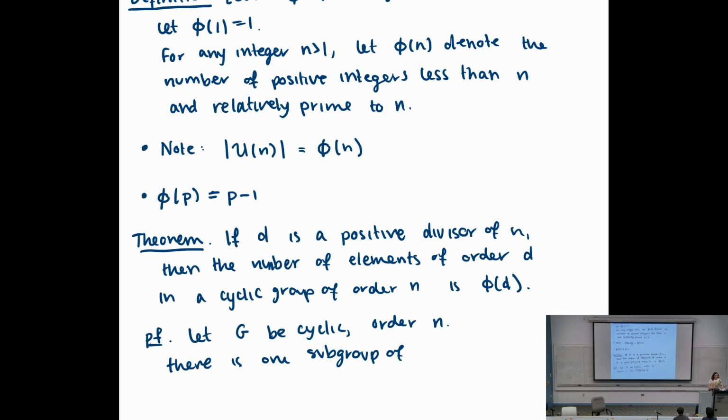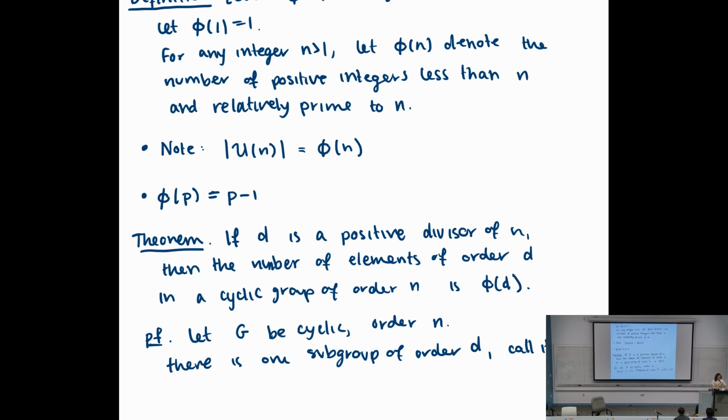So we know that there's one subgroup of order D, and we'll call it the group generated by A, because we also know that this group is cyclic, so it's generated by some group element.